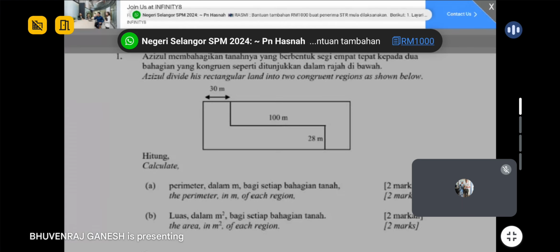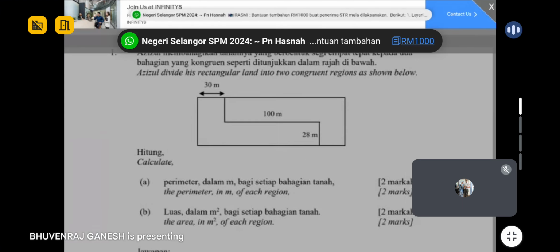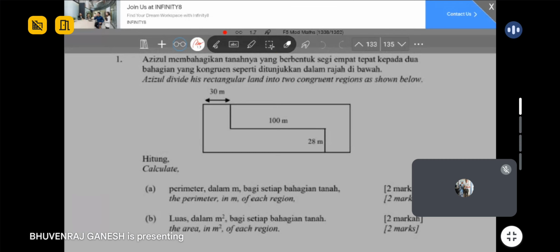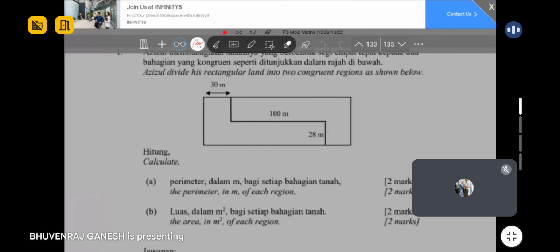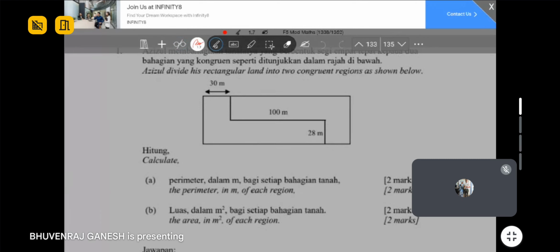Okay guys, so for this first question, they ask you to find perimeter. Cari perimeter setiap bahagian tanah. So macam mana buat yang ni? Anyone? Kalau siapa ada jawapan, boleh bagi tahu juga. If you have answer, you can respond directly.